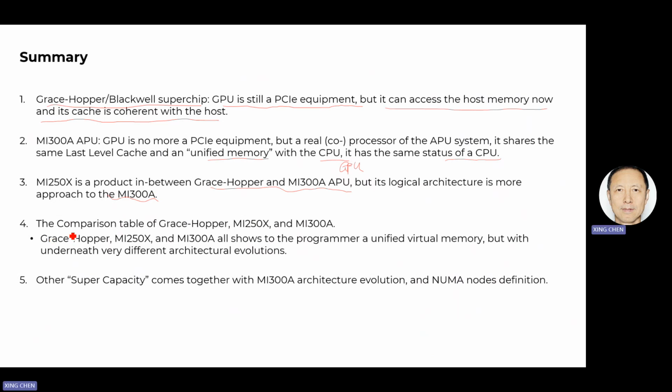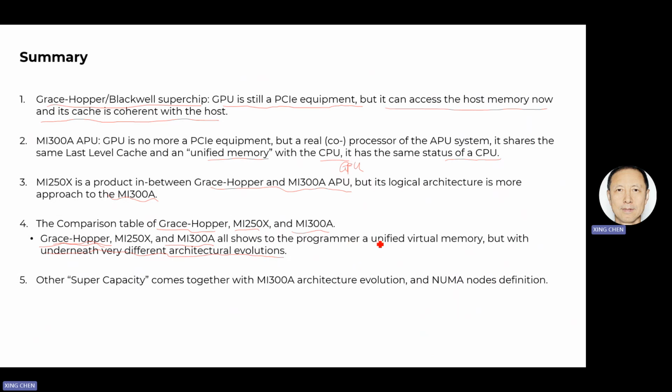And then we did the comparison between these three products by using a table. These products, notably Grace-Hopper and MI300A, show to the programmer a unified virtual memory, but with very different architectural evolutions underneath. If you still remember, we talked about that.